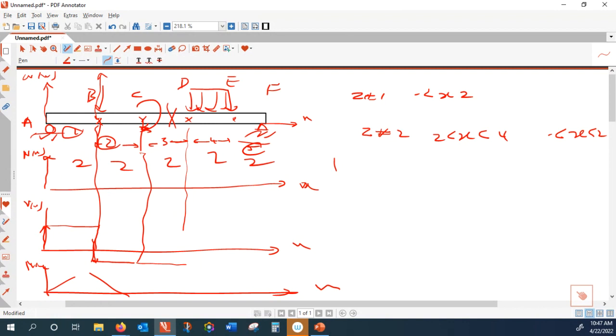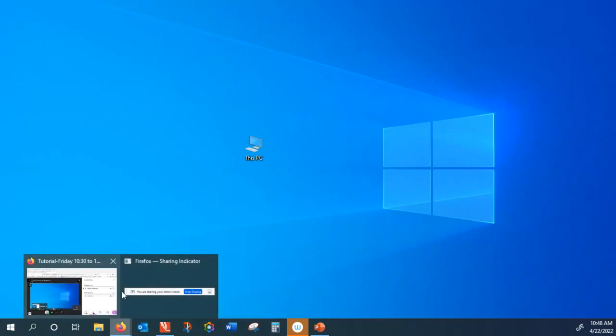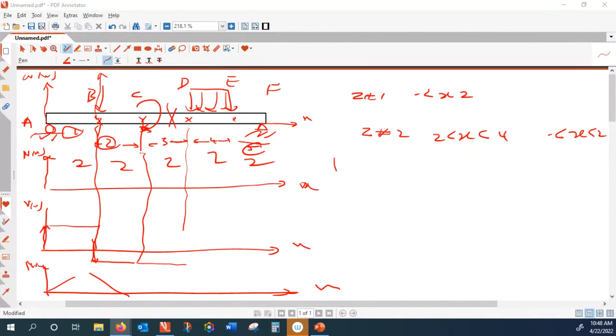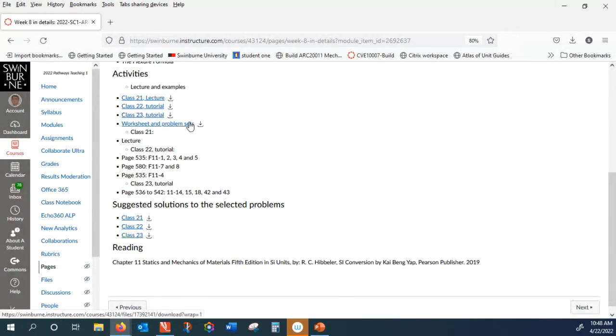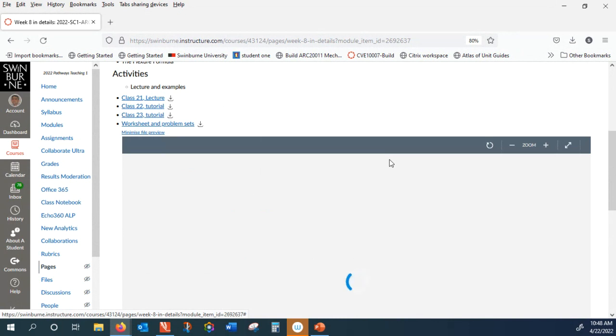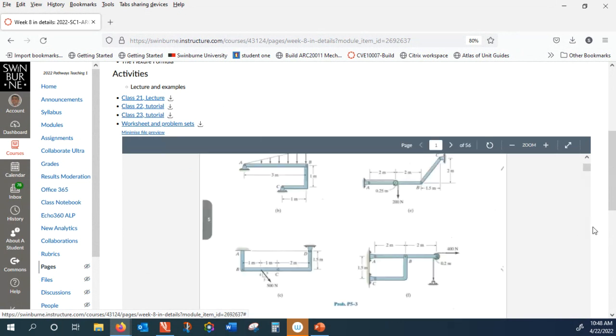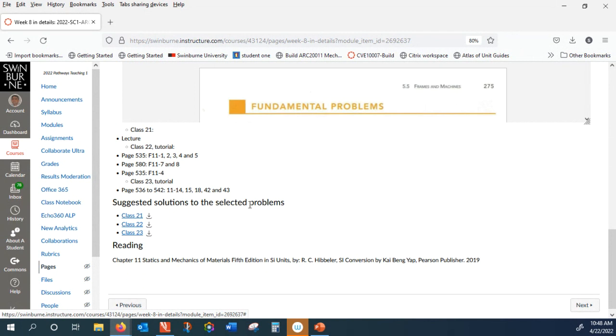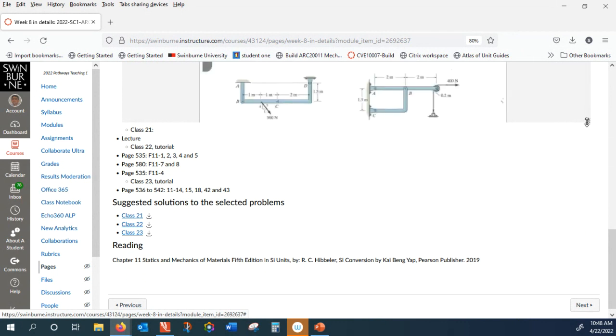So having all this summary in mind, now we can go back to do some examples. And like you asked, we start with something simple. So let me go back to page 535.